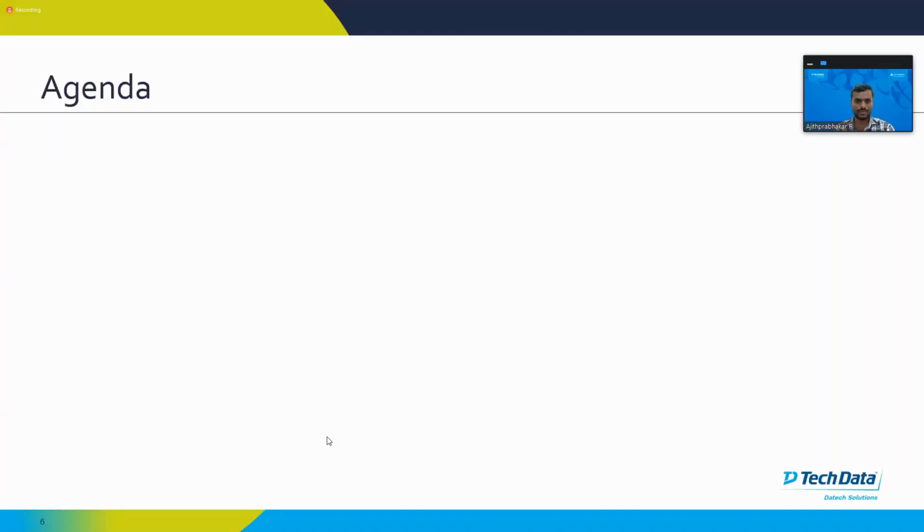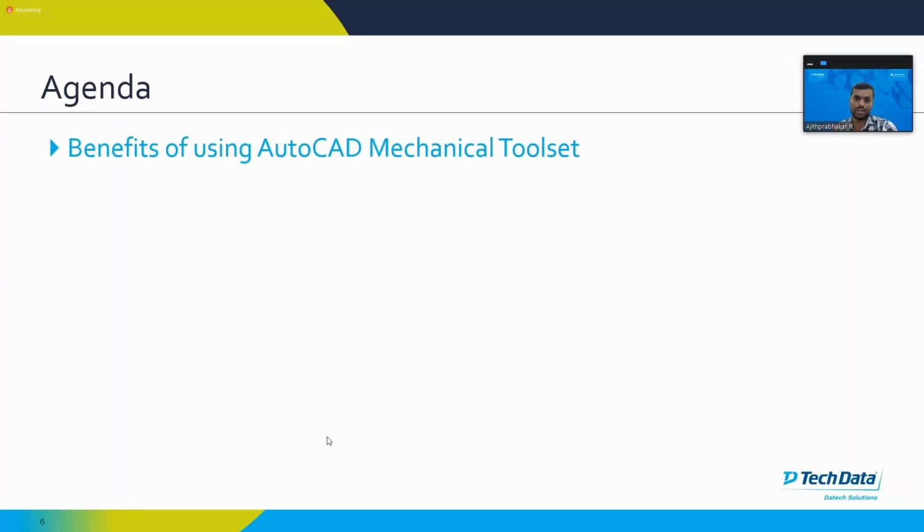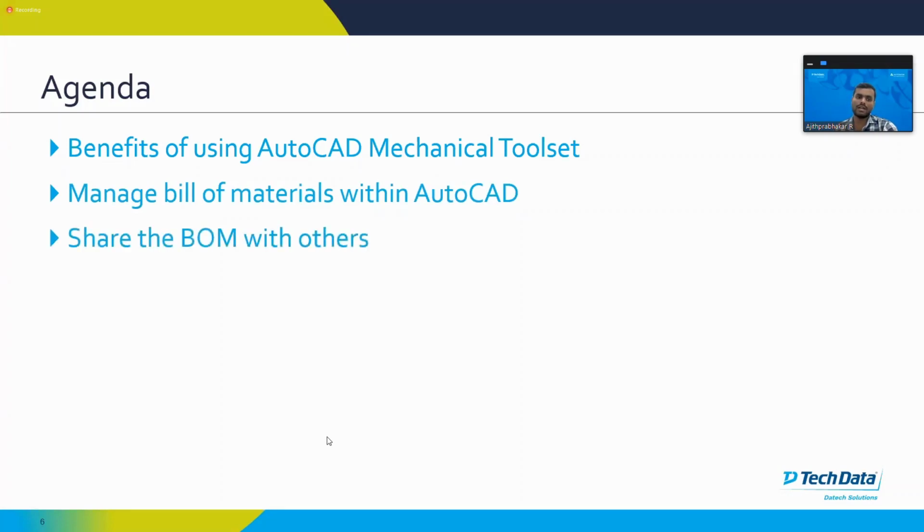With that note, I want to jump into the topic of the slide, starting with the benefits of using AutoCAD Mechanical Toolset, managing time using bill of materials in AutoCAD, sharing the BOM, that is bill of materials, with others, standard libraries, and library components.